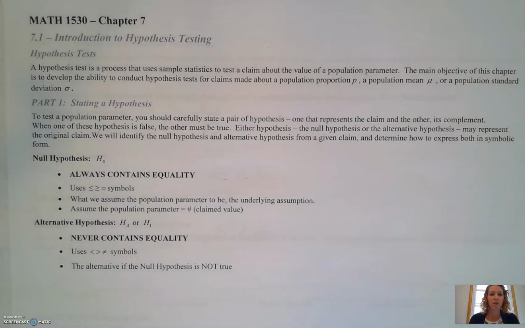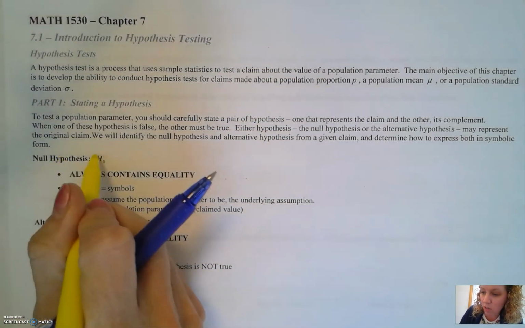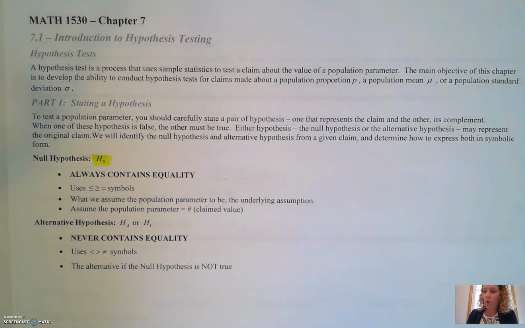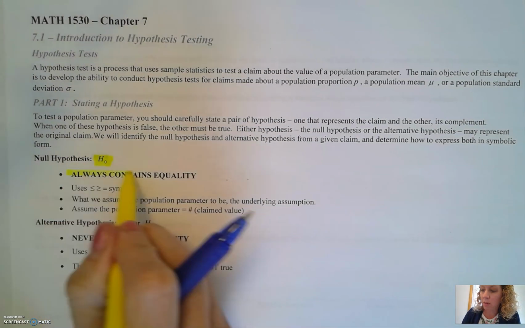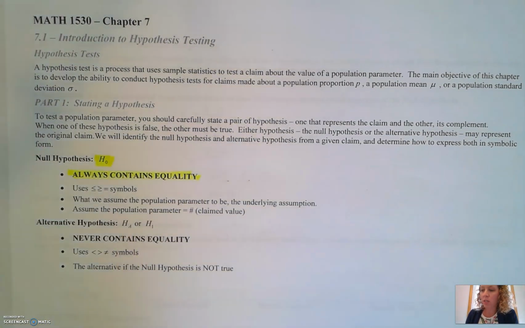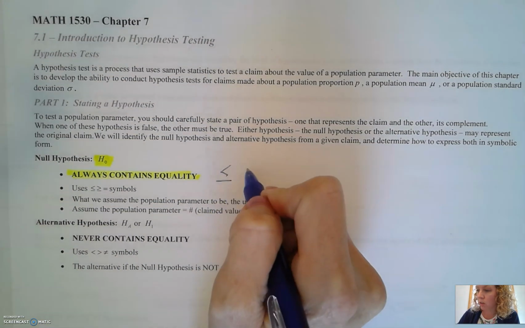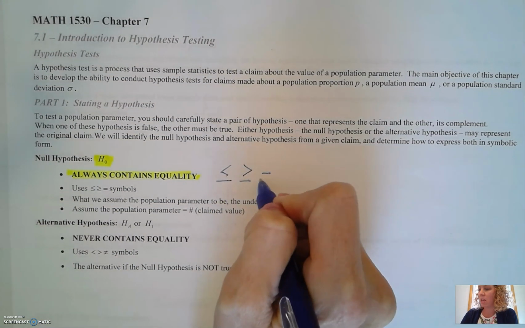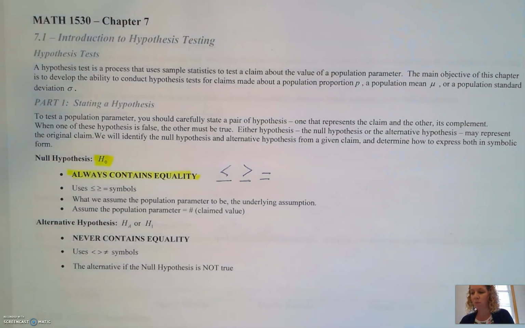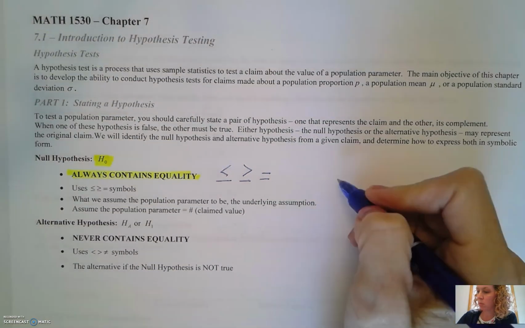The null hypothesis is represented by H sub 0. It always contains equality. Because it always contains equality, we're going to use the symbol less than or equal to, greater than or equal to, or the equal to symbol. This is what we assume the population parameter to be.